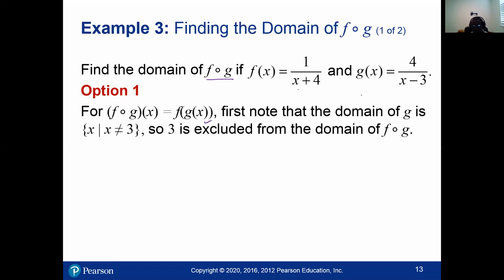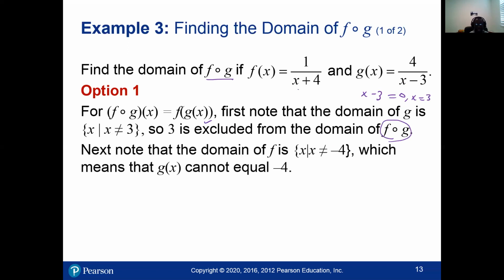You don't want g divided by zero, so you set the denominator to 0 and get x equal to 3. That 3 must be excluded from the domain of f of g. Second, note that the domain of f doesn't include x plus 4 equal to 0, that is, negative 4. Notice that it's just like finding the vertical asymptotes in chapter 4.